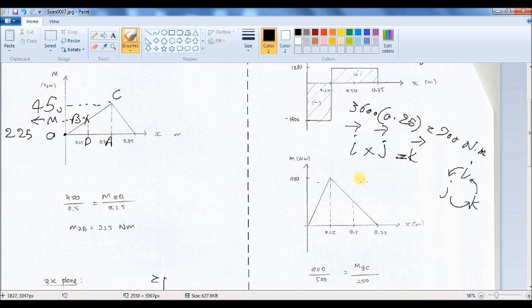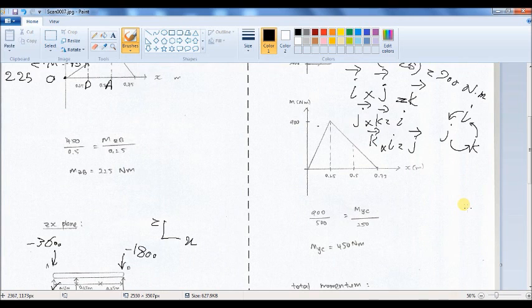So let me write in this way. Okay, j times k is positive i, right? And k times i equals positive j. But if we move in the reverse direction, that means k times j, or j times i, or i times k, the result is negative, right?